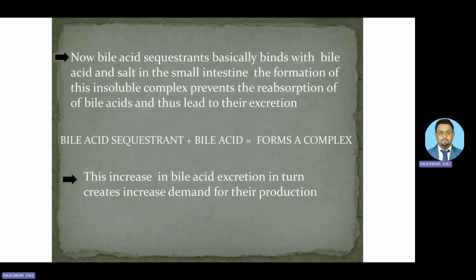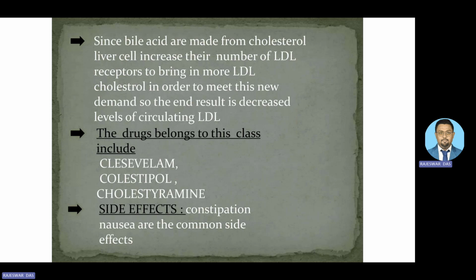Now the bile acid sequestrants bind the bile acid and salt in the small intestine, forming an insoluble complex that prevents reabsorption of the bile acid and thus leads to its excretion. Since bile acids are made from cholesterol, liver cells increase their number of LDL receptors to bring in more LDL cholesterol to meet this new demand. So the end result is a decreased level of circulating LDL.